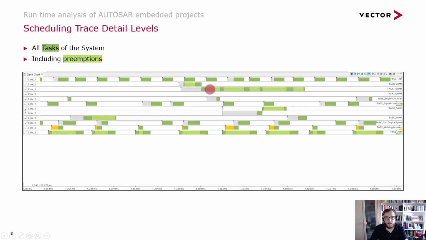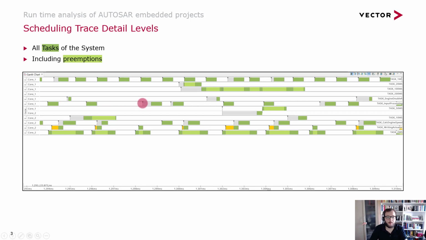What you can see additionally in this picture is that some tasks don't only have preemptions, but some of the tasks are getting activated and it takes quite some time until they start to actively run on the core. This is indicated by this gray color. If you have a look at this task, for example, you can see that it is running on core 1.